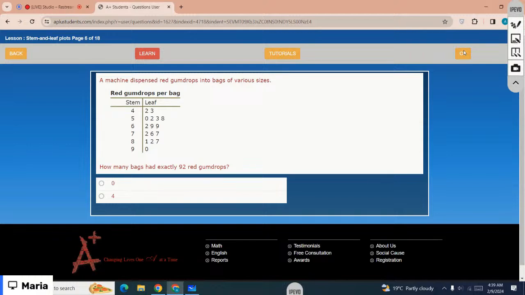A machine dispensed red gumdrops into bags of various sizes. How many bags had exactly 92 red gumdrops? So, which is the correct option?